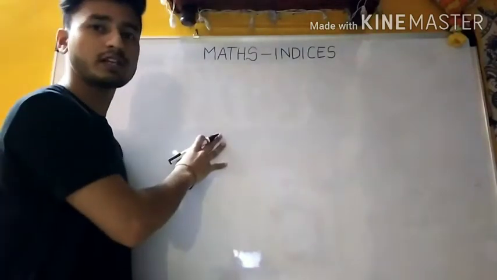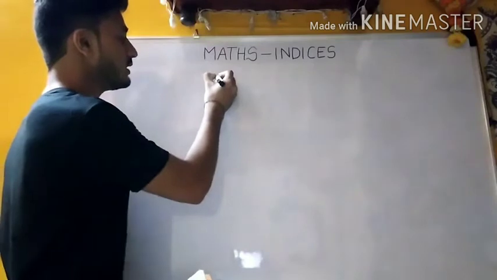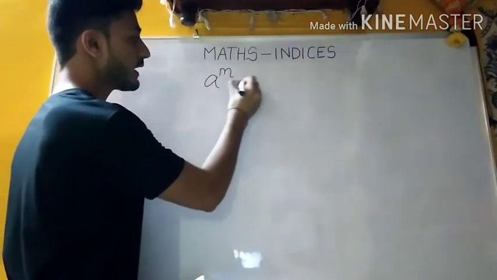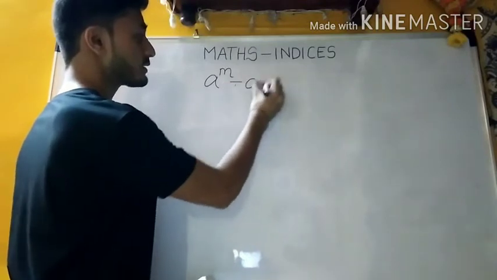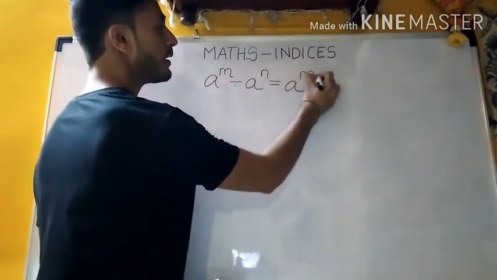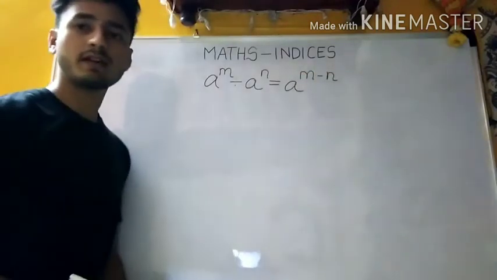Here the formula remains the same. What is the law? a raised to m divided by a raised to n is equal to a raised to m minus n. This remains constant.